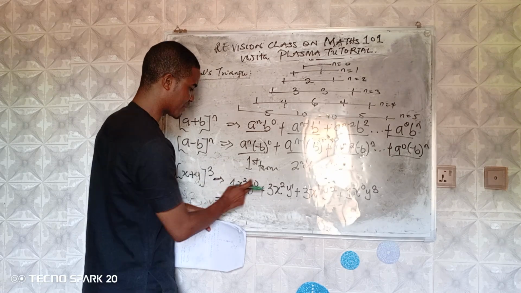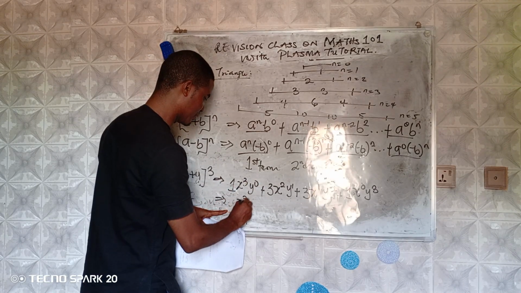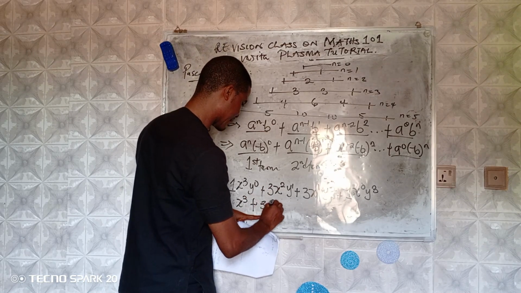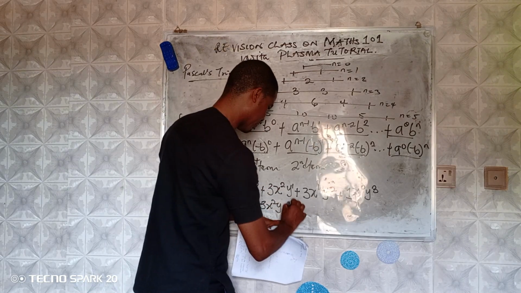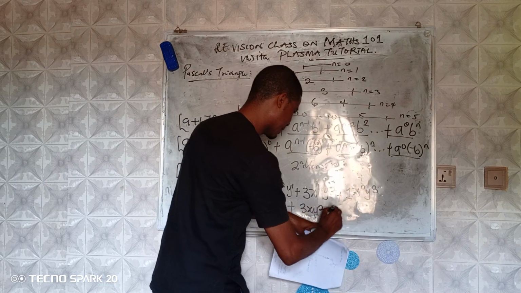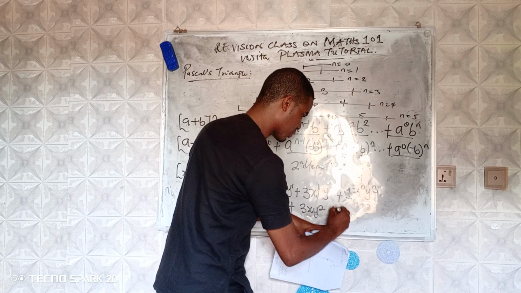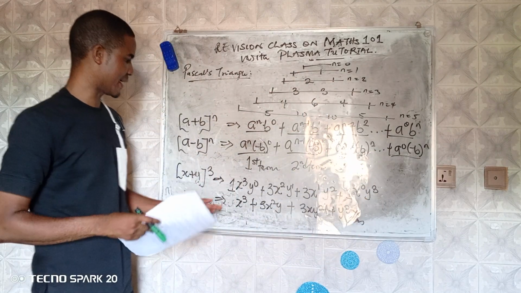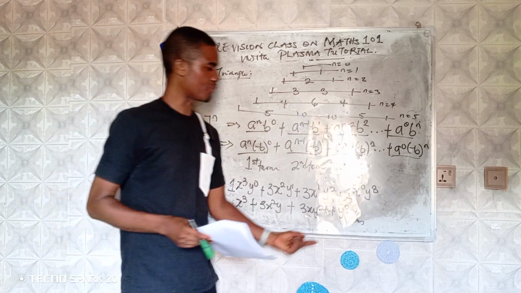So 1 times x cubed times 1 will give me x cubed plus 3x squared y plus 3xy squared plus 1 times this will give me this. And this is my final answer.